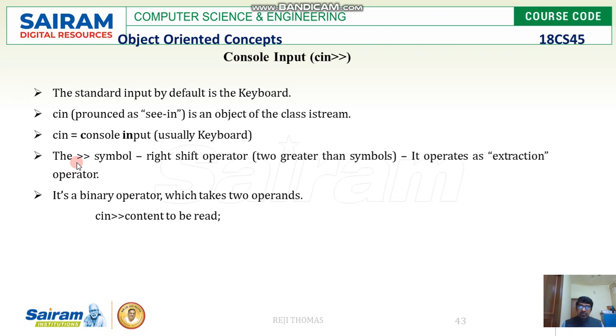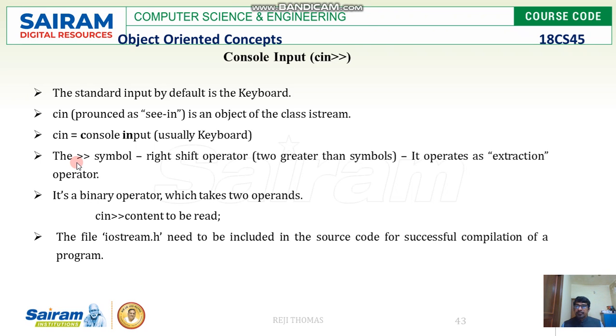This is also a binary operator, like your cout, where we have used the insertion operator. And here also you need to include the header file called iostream.h. Why? Because every cin and cout function is defined inside this.